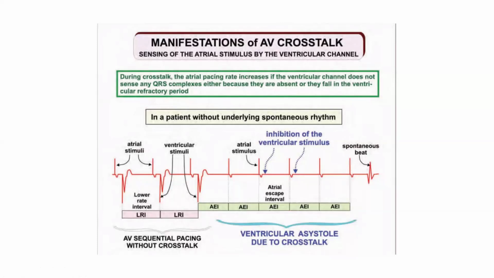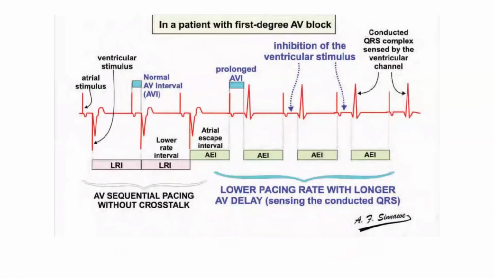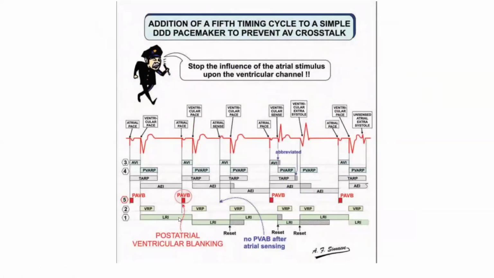This crosstalk can be fatal. What's meant by crosstalk? The false sensing by the ventricle of an atrial spike, misinterpreting it as a QRS complex. So I need to avoid it. I add a fifth interval, called post-atrial ventricular blanking. What's meant by post-atrial ventricular blanking?